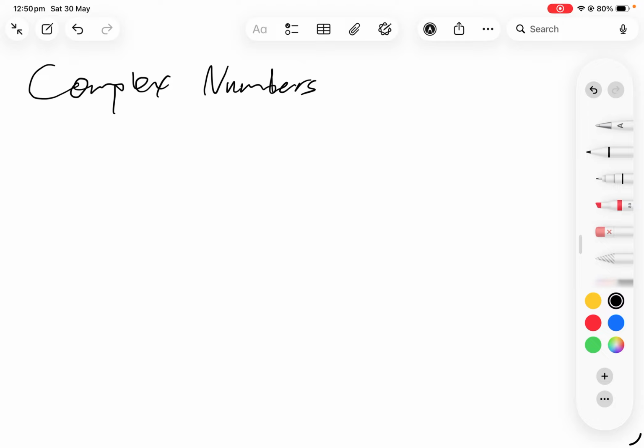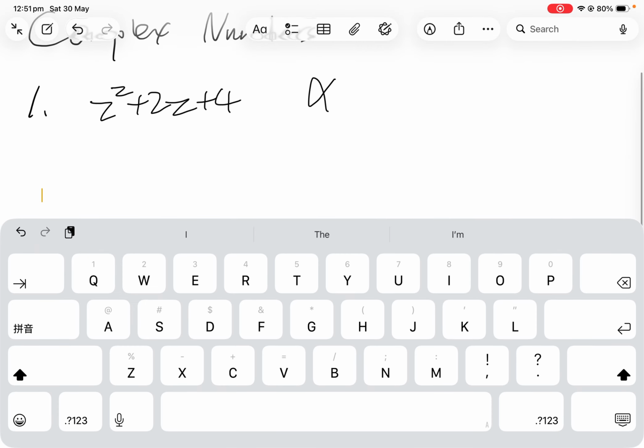The question says the roots of a polynomial z squared plus 2z plus 4 are denoted by alpha and beta.